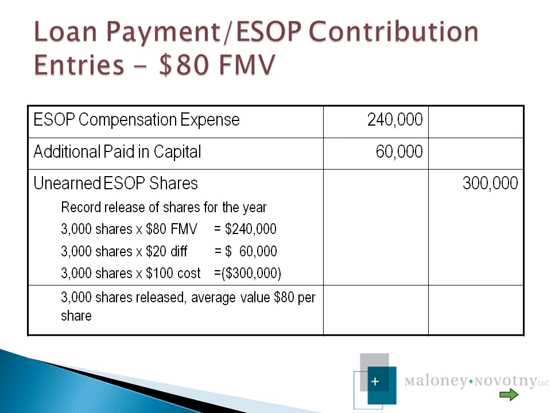So you can see in this example, regardless of the fair market value of the shares at the end of the year, the unearned ESOP shares is credited for the amount of shares released at the original cost basis. So in this example, it's 3,000 shares released, $100 per share is the cost basis. So that original contra equity account is relieved in this particular year for $300,000. So each year, as we have shares that are released, they're released at that cost basis.